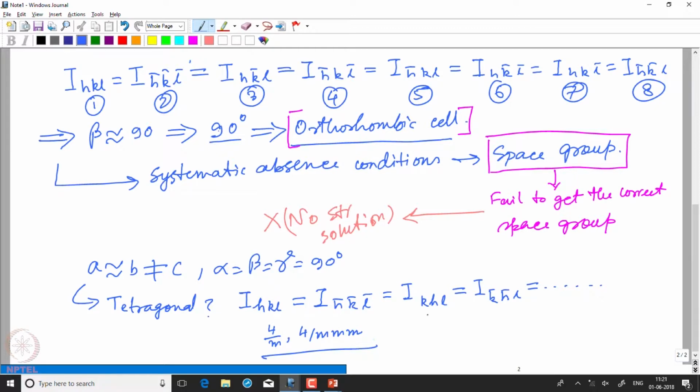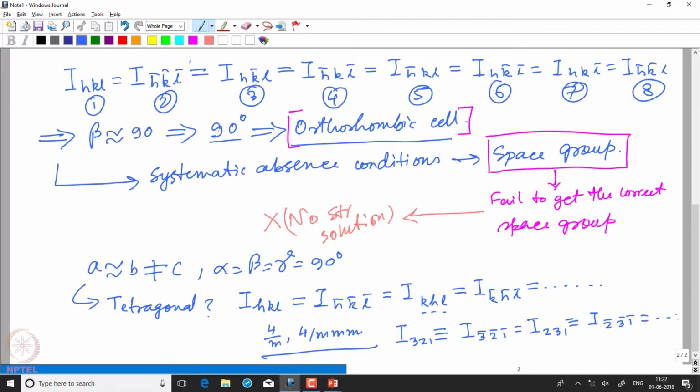See here what I have written, K H L, what does it mean? Suppose I am talking about a reflection I 3, 2, 1, should be equivalent to I 3 bar 2 bar 1 bar, which is Friedel opposite, then it should be equivalent to I 2 3 1, that means A and B interchanged, and the corresponding Friedel opposite I 2 bar 3 bar 1 bar, and so on.